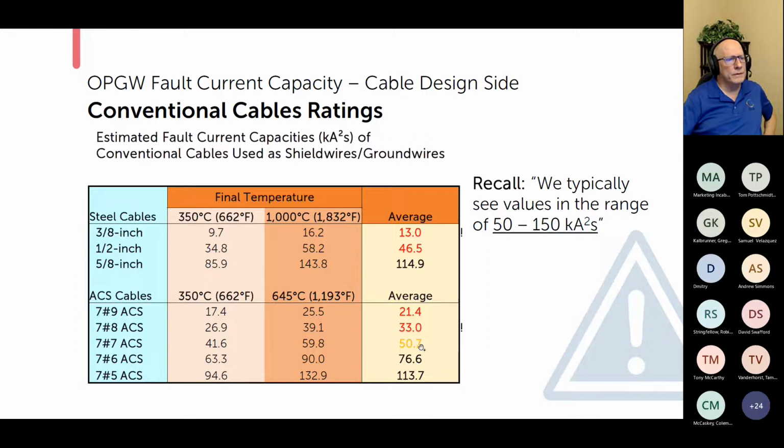7 number 7, you're right at the ragged edge. Don't see a lot of 7 number 7, a little bit of 7 number 6 and 7 number 5, and you see that you're still kind of in the mid range here, not on the high end of this range for sure.